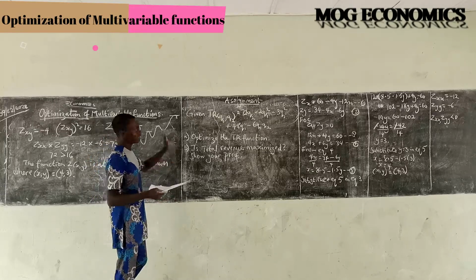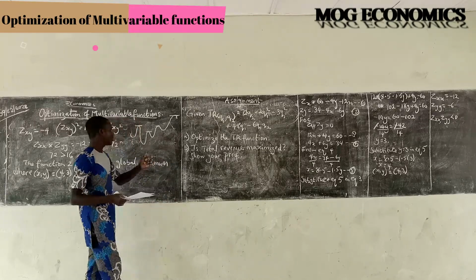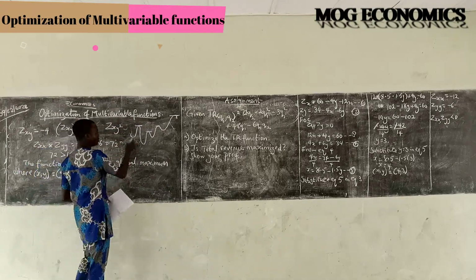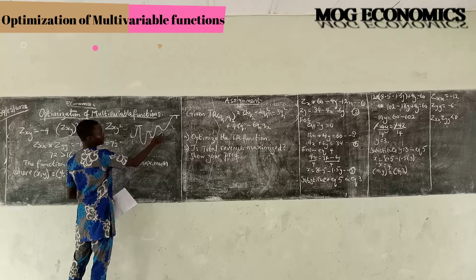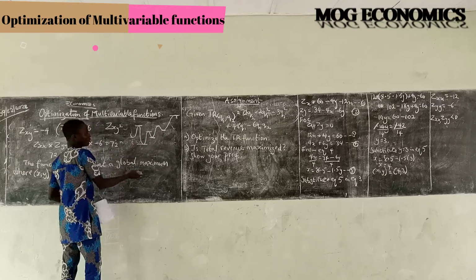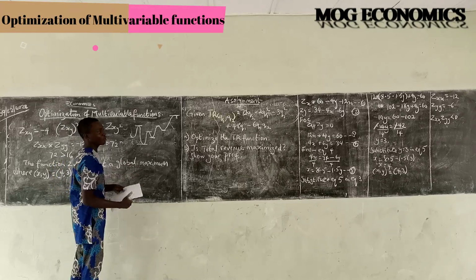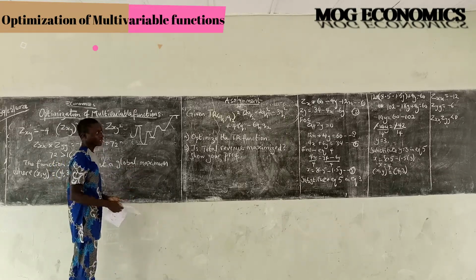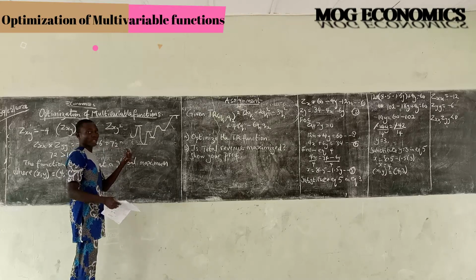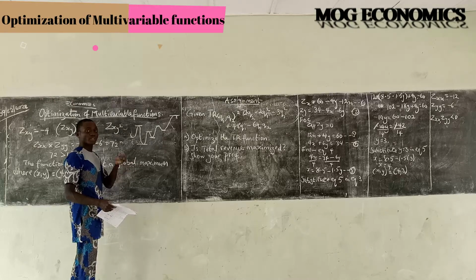Alright, so that's about that. And I forgot to mention something here. I already mentioned global maximum. Here is a minimum. Here is a minimum. Here is another maximum. But this is a global minimum. So for you to establish a global minimum from your second order condition, if it were the function we had now, your zxx and your zyy would both have been greater than 0.